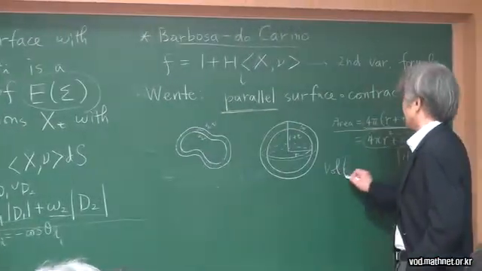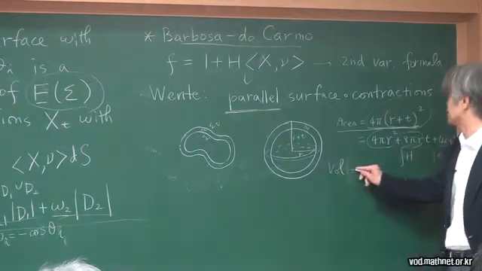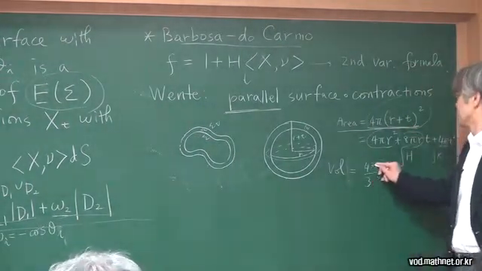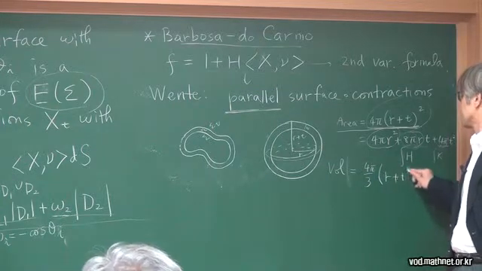And we also have the interior volume formula, which is 4 pi over 3 (r plus t) cubed. Okay?